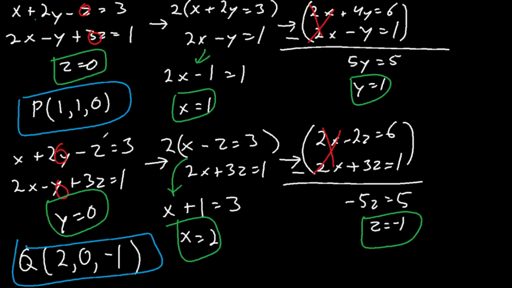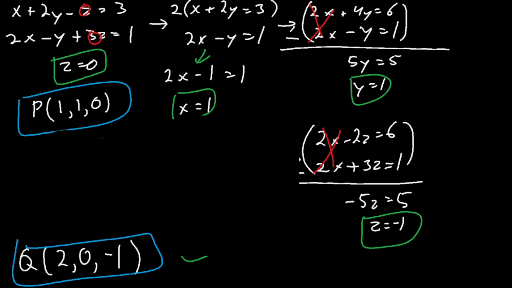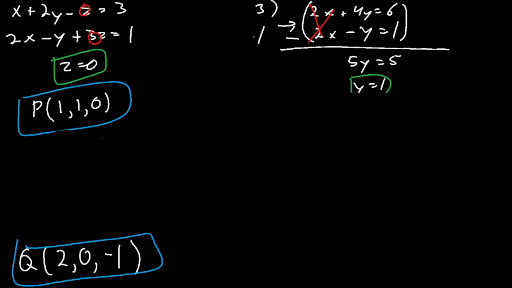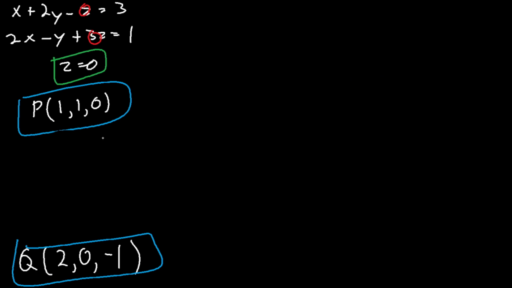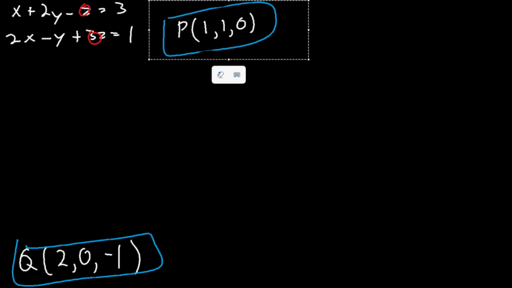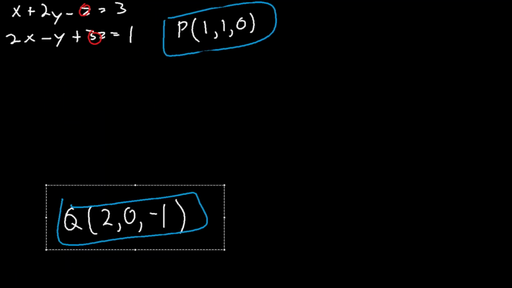Given these 2 points, let's erase everything. I'll just leave the equations up top though. Given these 2 points, we can find the vector equation for the line. How can we do that?